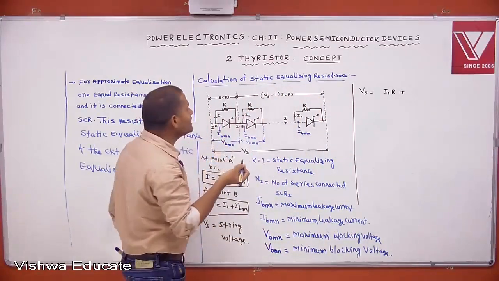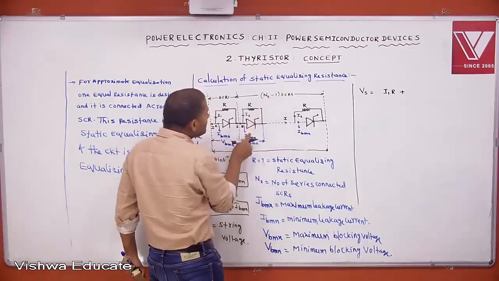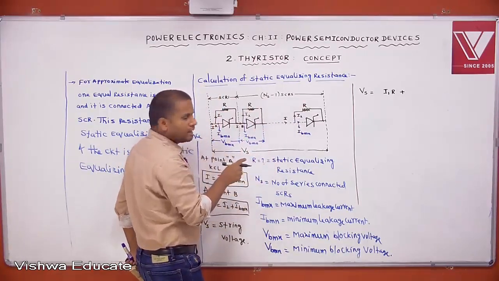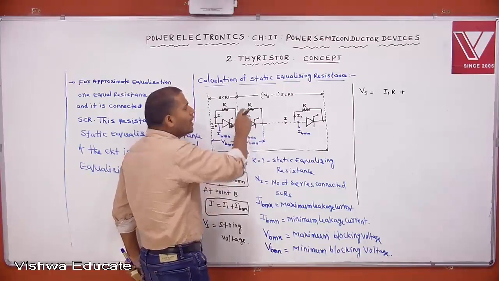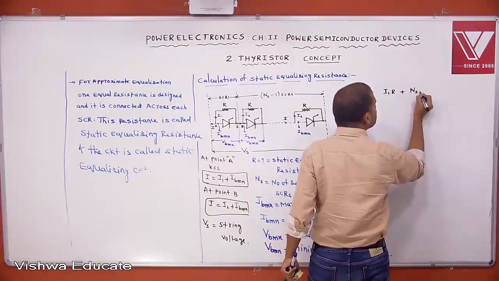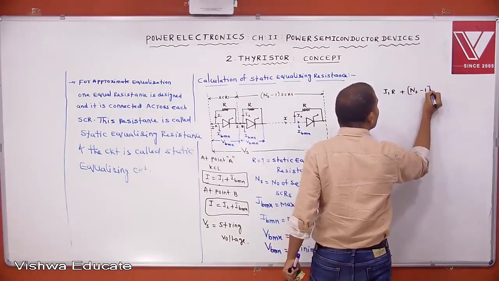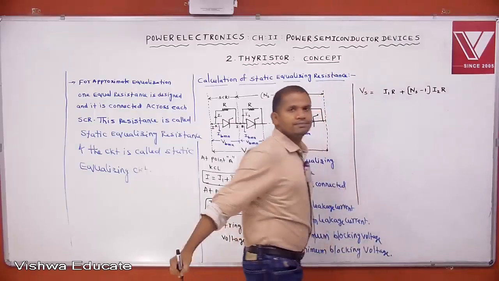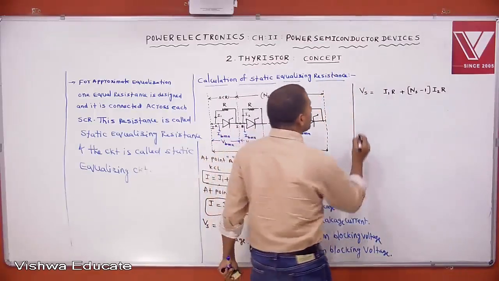What is the voltage across each of the Ns minus 1 SCRs? Each SCR blocks I2 into R, which is equal to VBMN. But I want the total voltage, so how can you write it? Ns minus 1, into the voltage each SCR blocks, I2 into R. Clear? Then you can write it like this.